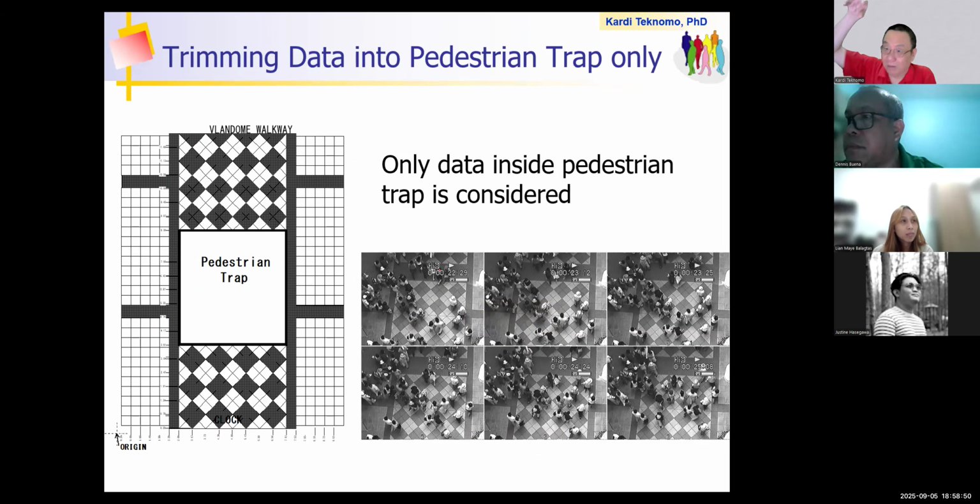So I get the top view camera, and then I have the tile here, and the tile is exactly one by one. We measure the tile and draw exactly, and from there we get the coordinate.